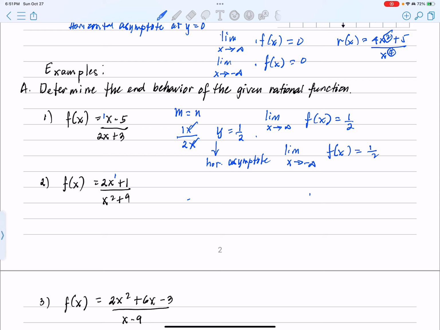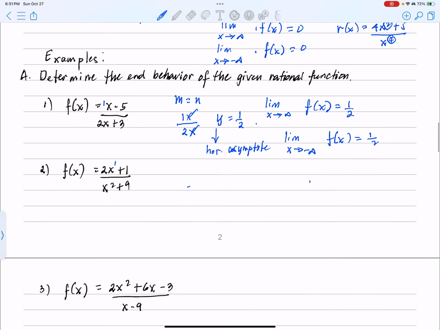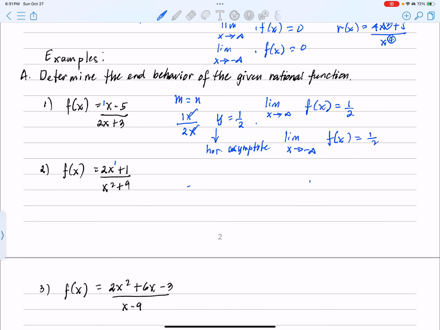All right, let's do number 2. 2x squared plus 2x plus 1 over x squared. So the degree of the numerator is less than the denominator. So 1, that's less than. So what case would that be when it's less than? It's case number 3, right?